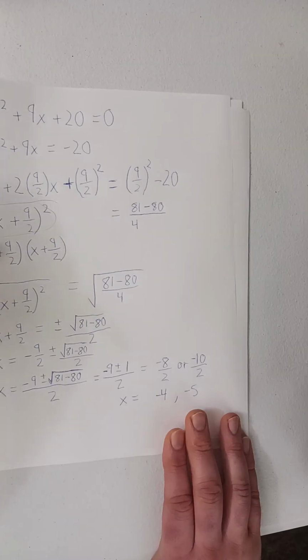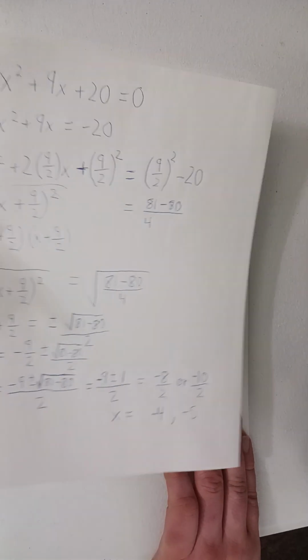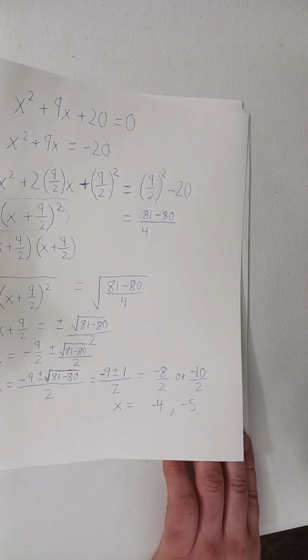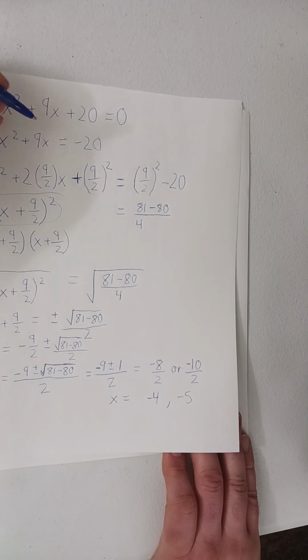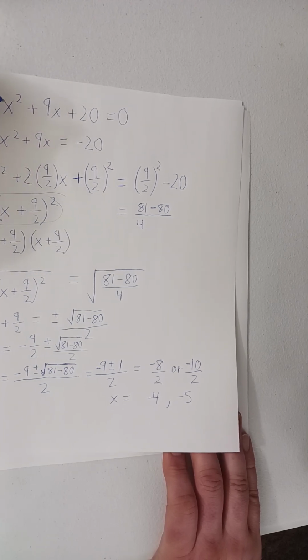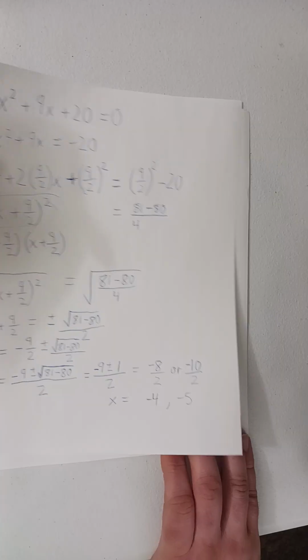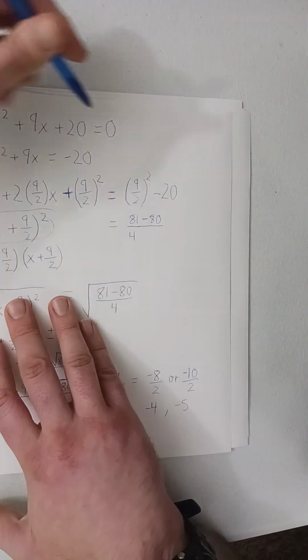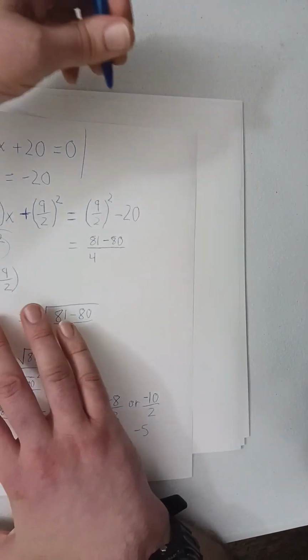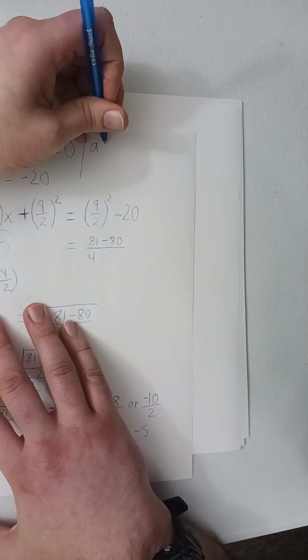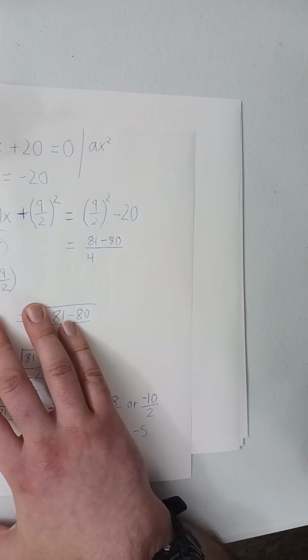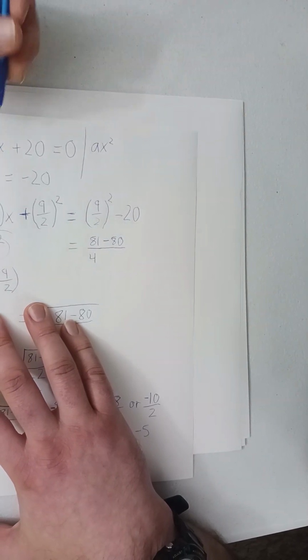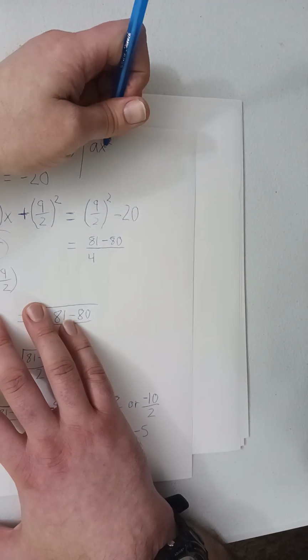Now the next step here is to actually use what I've done here to derive the quadratic formula, which is basically just taking what I did, but with algebra, using actual x, and having the coefficients represented by letters. So this form right here is ax squared, where a is 1 here, and I used a convenient example first.